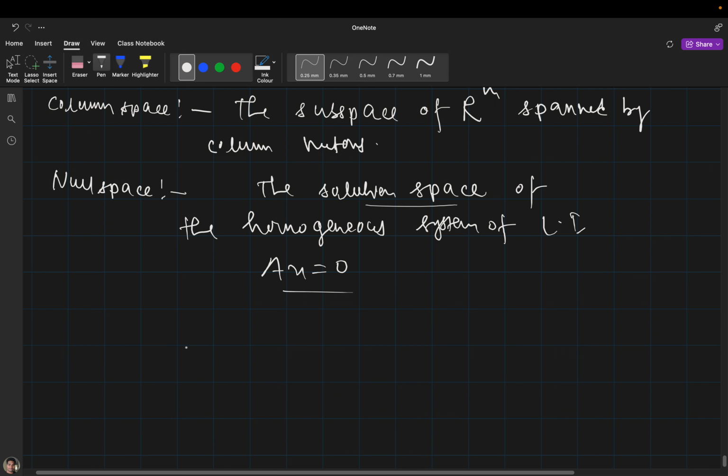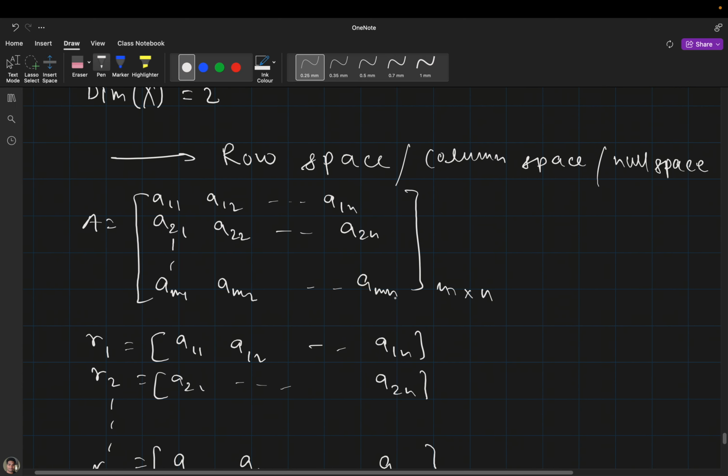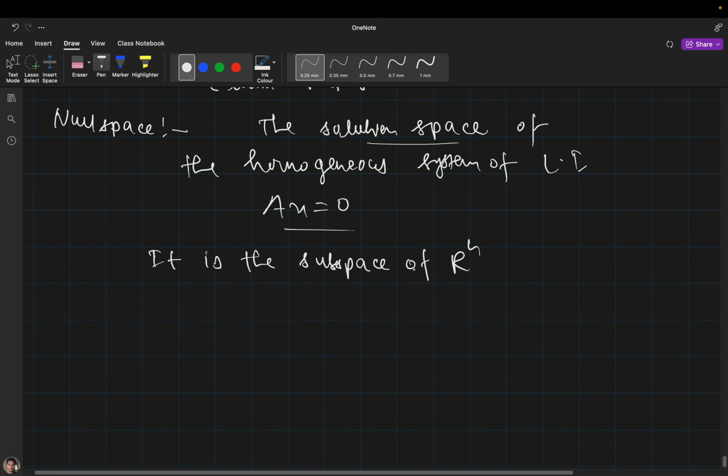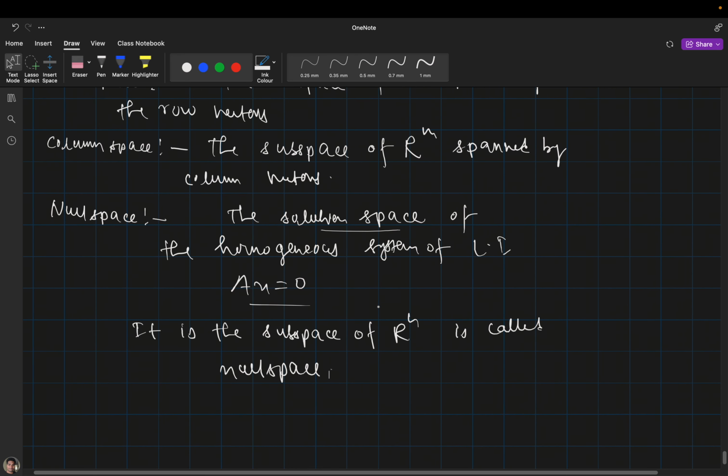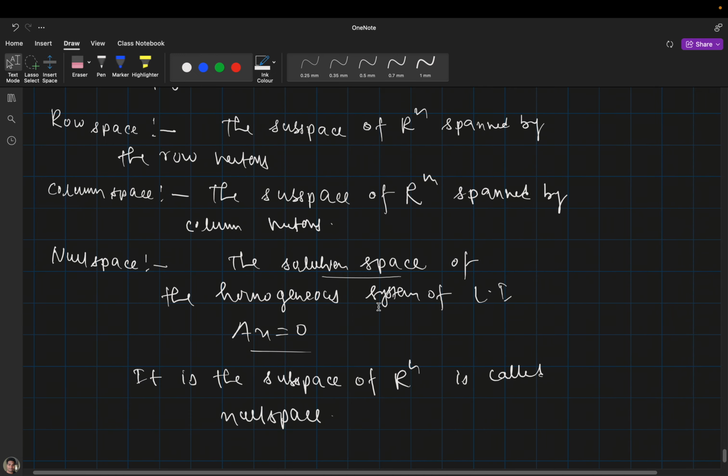So from that definition, it is a subspace of Rn, because whatever solution you get, the number of components is the number of columns, because there are n unknowns. It is a subspace of n dimensional space and is called null space. It's fine? Yes, sir. Are you getting it?